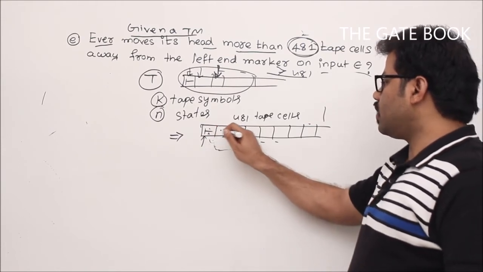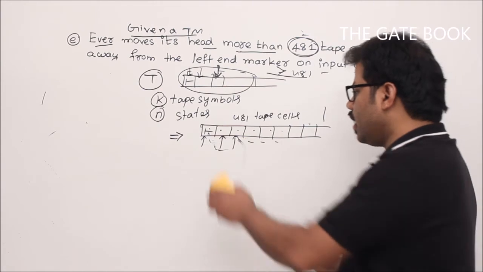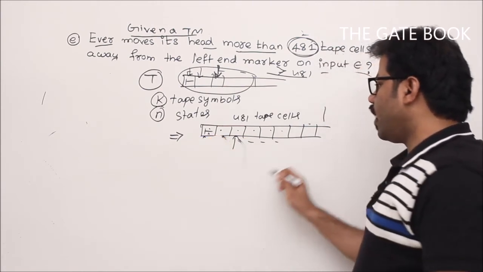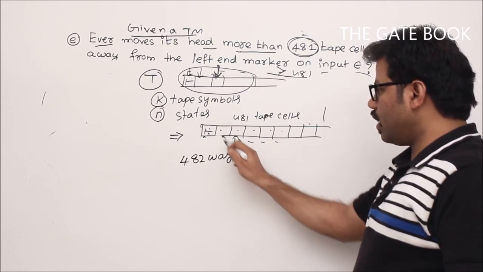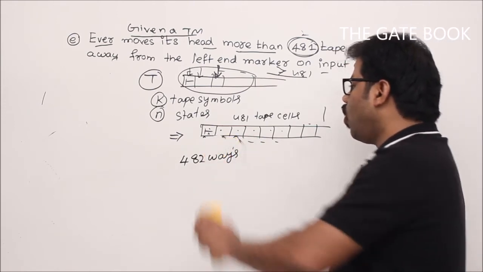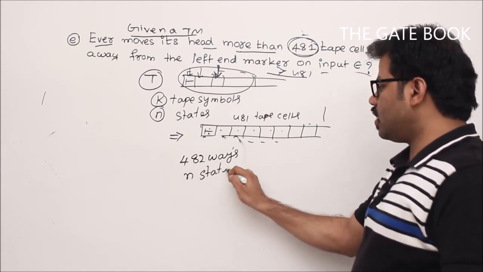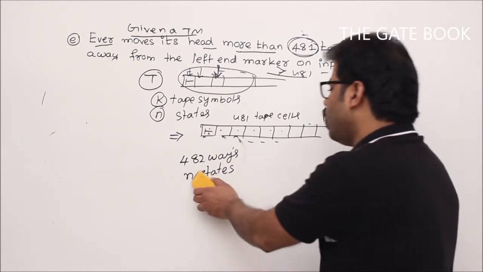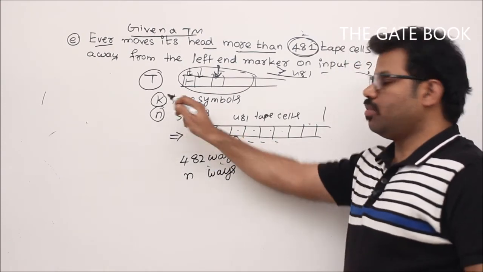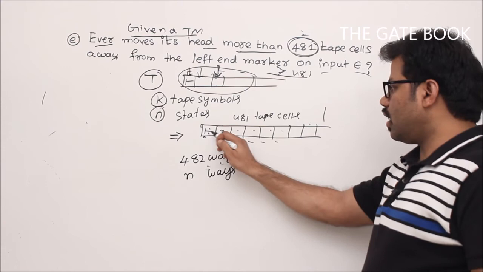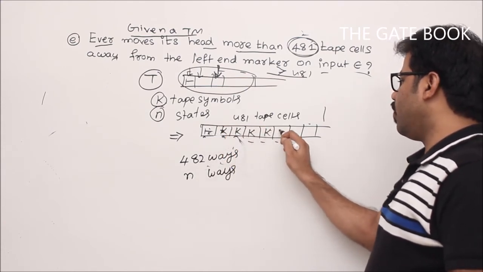Then finally, how many cells do we have? 482. Then how many different ways can we arrange this pointer in 482 cells? 482 ways. Second, how many states do we have? n states. Then how many different ways can we change the state? n ways. Then how many tape symbols do we have? k tape symbols. Then each position other than the first position can be filled in how many ways? k ways.